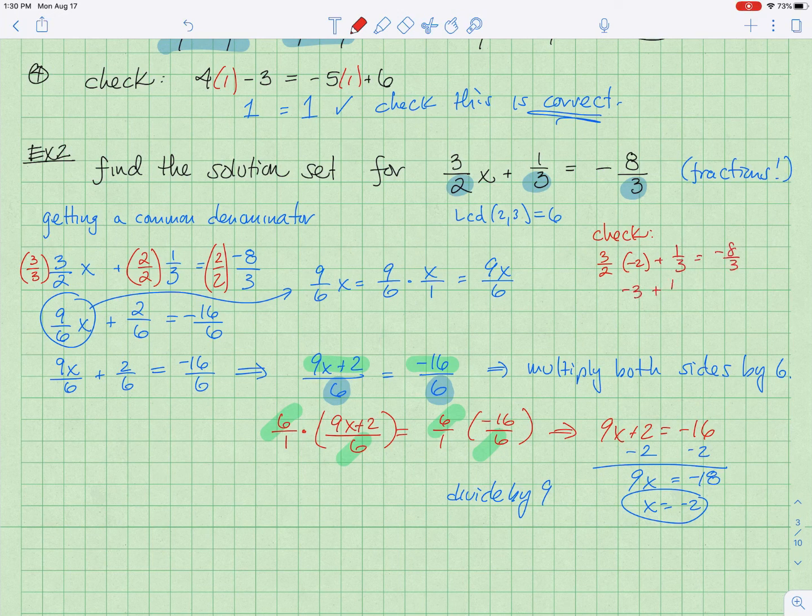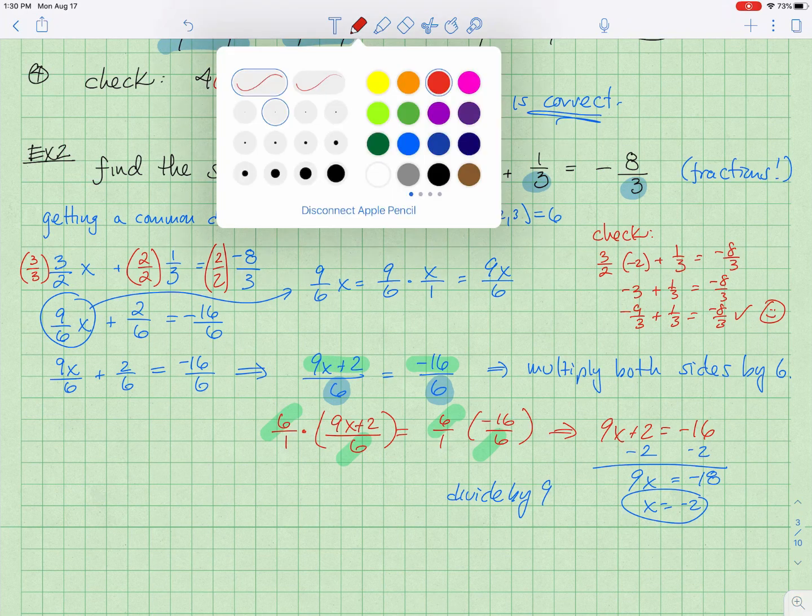That's negative 3 plus 1/3 is equal to negative 8/3, which is negative 9/3 plus 1/3 equals negative 8/3. That's true. Check. And we're happy. And that's our answer.